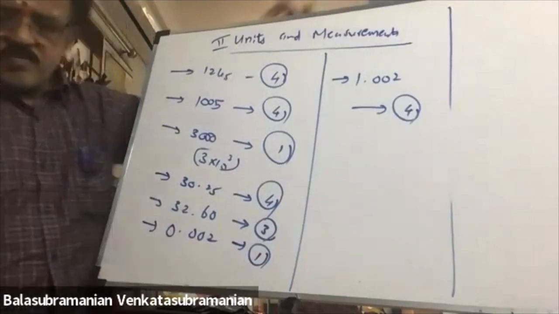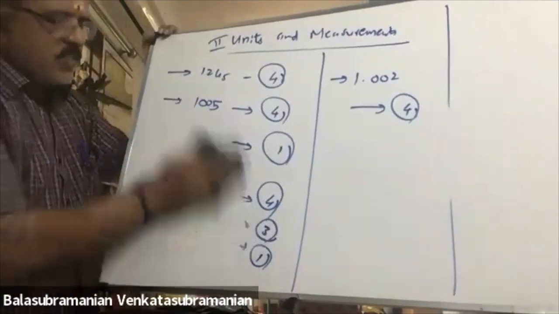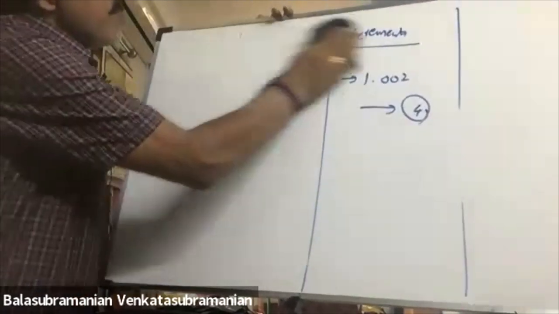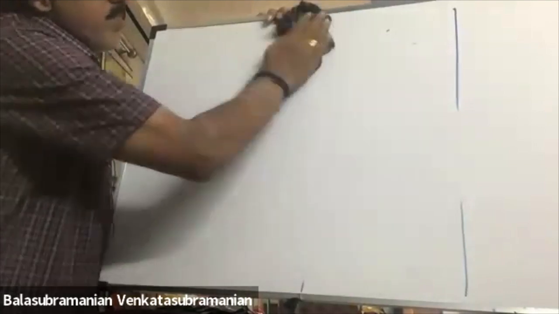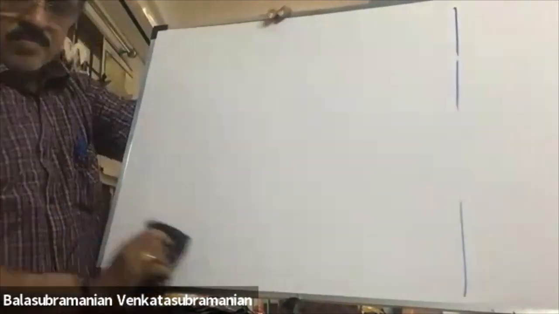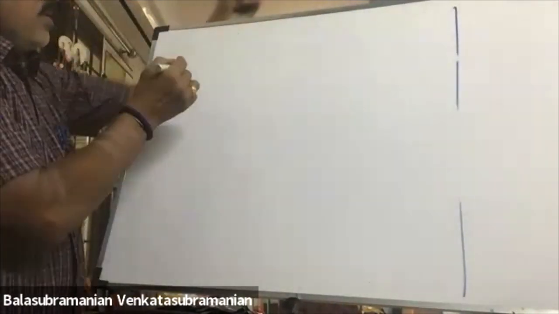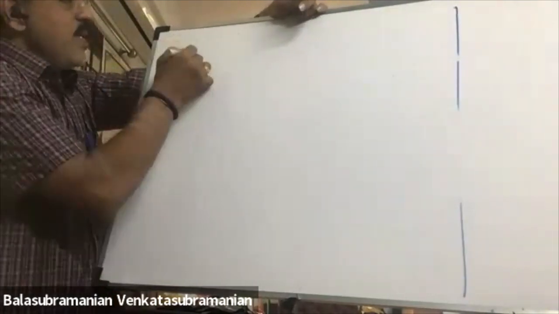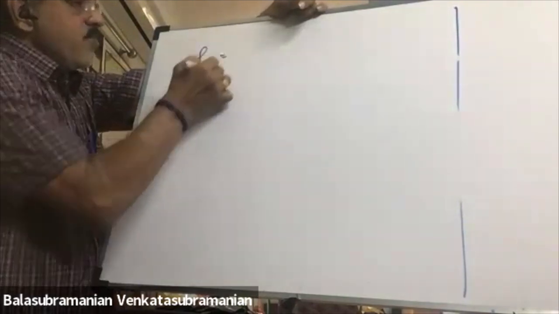Rounding off. Rounding off is a simple concept. Suppose three values we have been given, sir. Length, breadth, height.